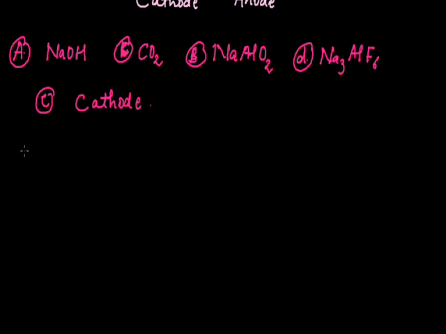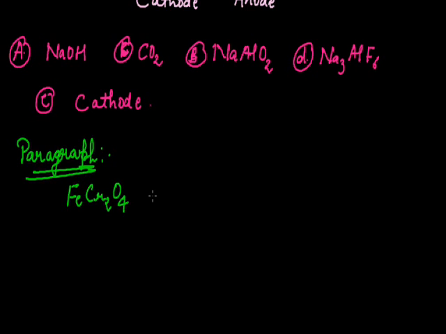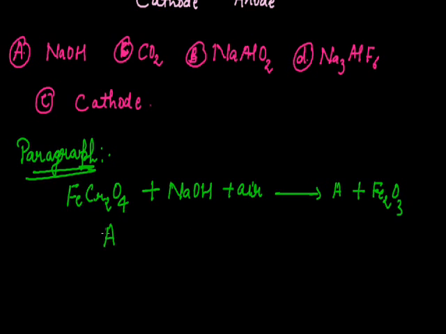It is a paragraph based question. You have to complete the reaction: FeCr2O4, chromite, when it reacts with NaOH in the presence of air, forms A plus Fe2O3. This A, when it reacts with B, forms Na2Cr2O7.